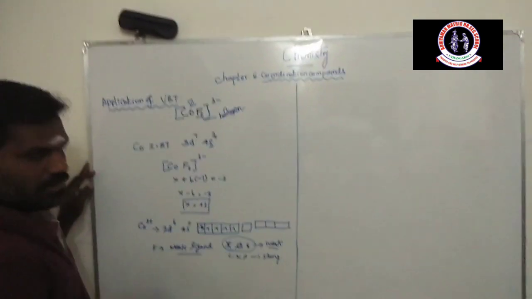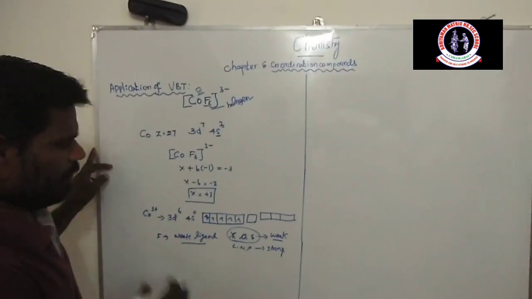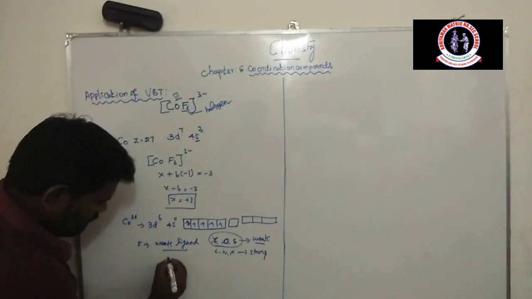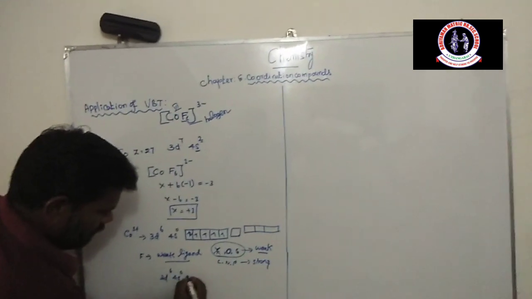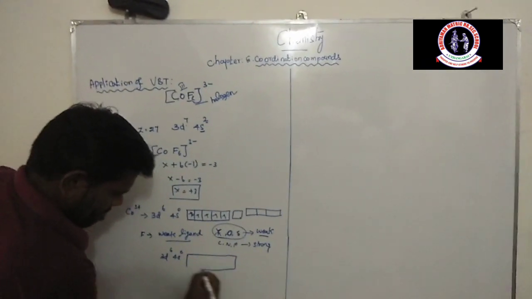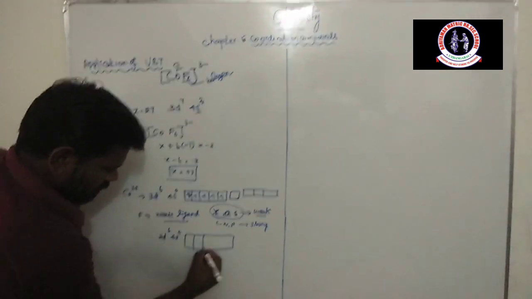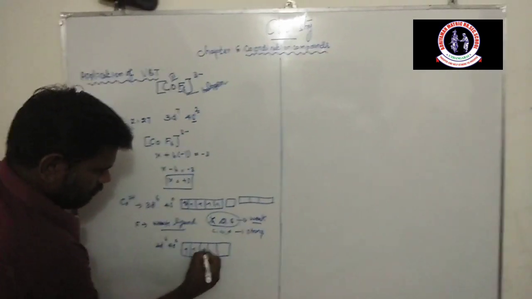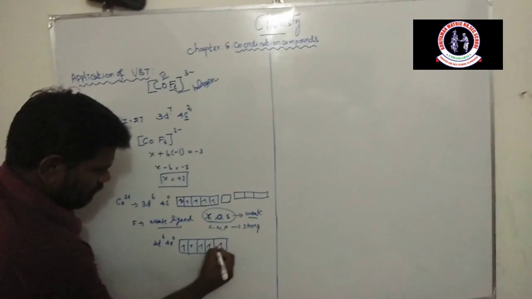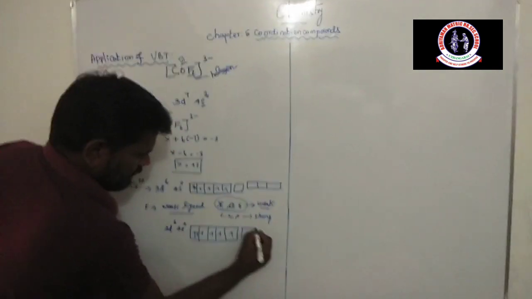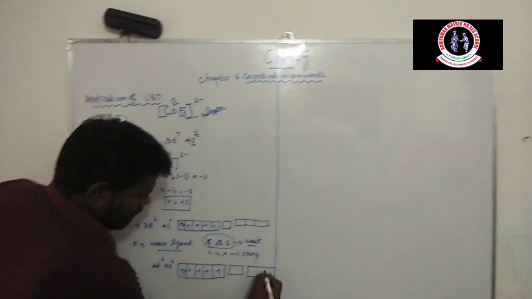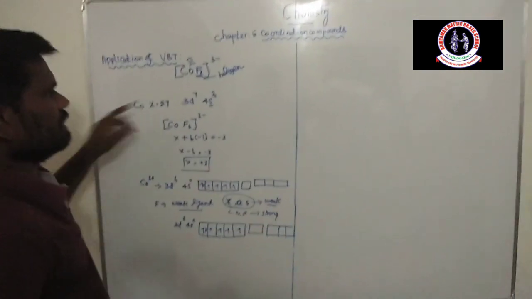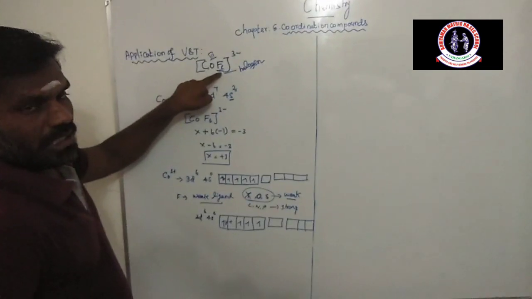So there is no unpairing to pairing. So 3d6 4s0 only, 1 2 3 4 5 and 4p. Here totally 6 fluoro ligands are attached.